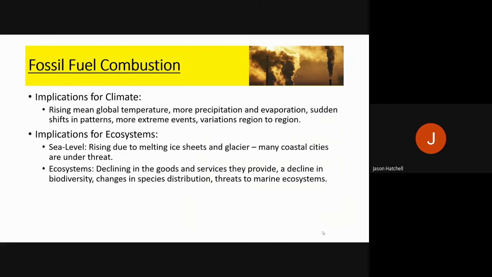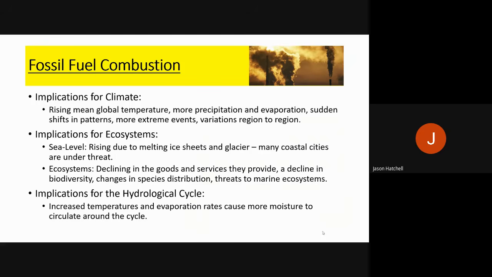But ecosystems in general are seeing a decline in the amount of goods and services they provide, and good quality goods and services and products for us as humans. They're also seeing a decline in biodiversity and changes in species distribution, as well as that relating to our oceans, because the oceans are also seeing a threat due to changes in ocean surface temperature and so on.